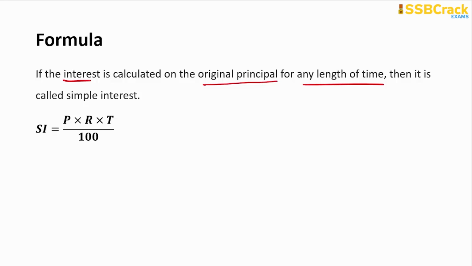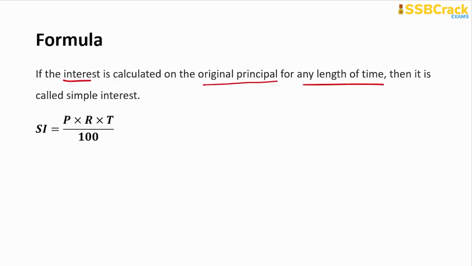The name itself mentions that it is calculated on the original principal for any time period. For a given principal, say 2000 rupees, they can ask you to calculate interest for 10 years, 20 years and so on. Here you are directly calculating the interest for that fixed time period with the certain rate of interest known to you.